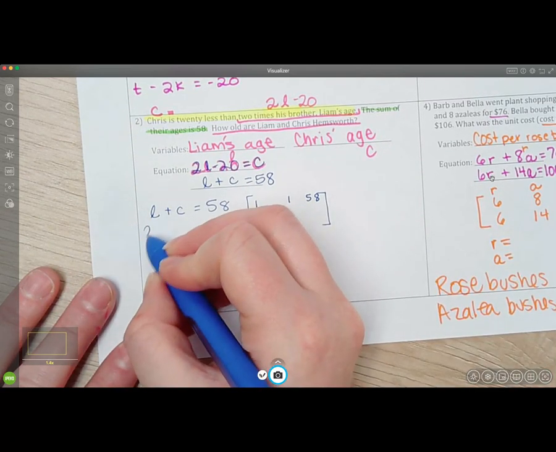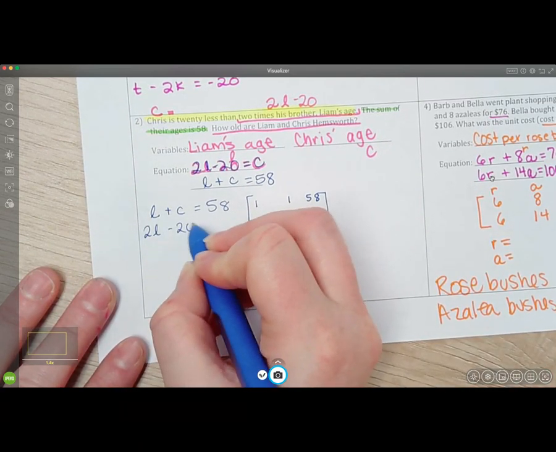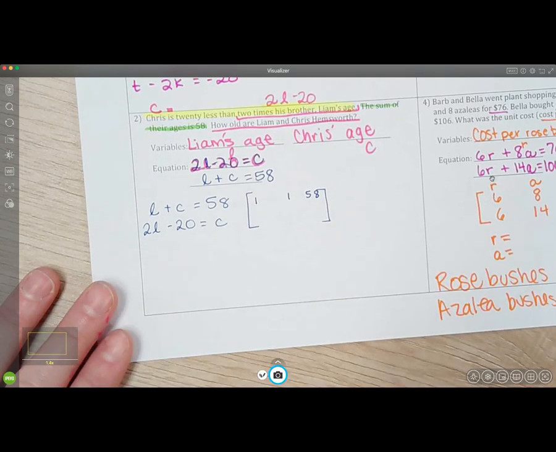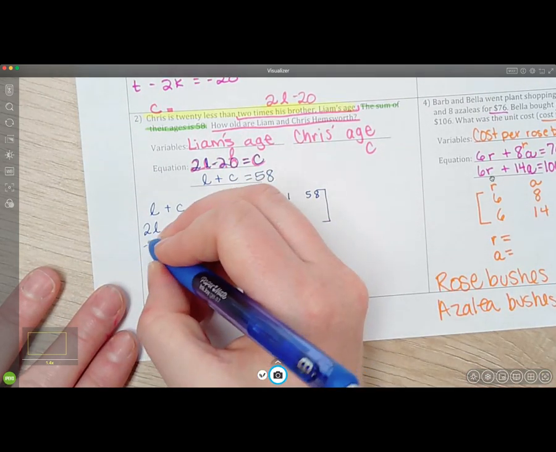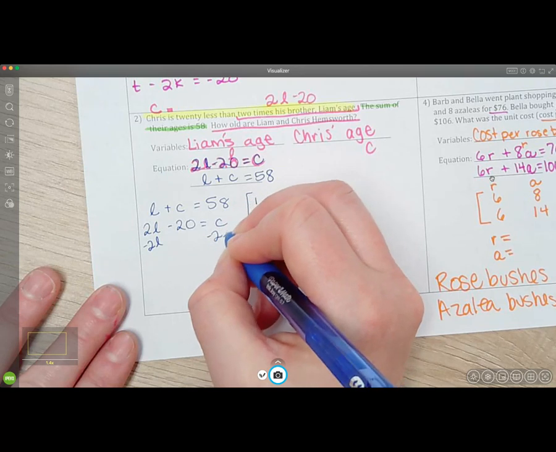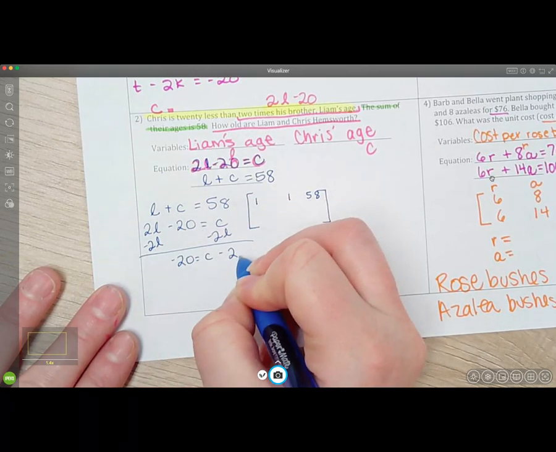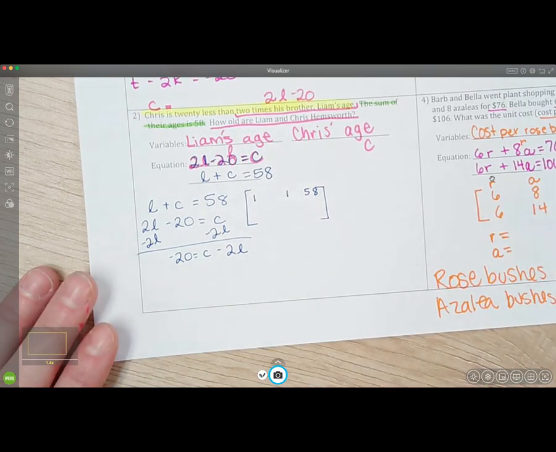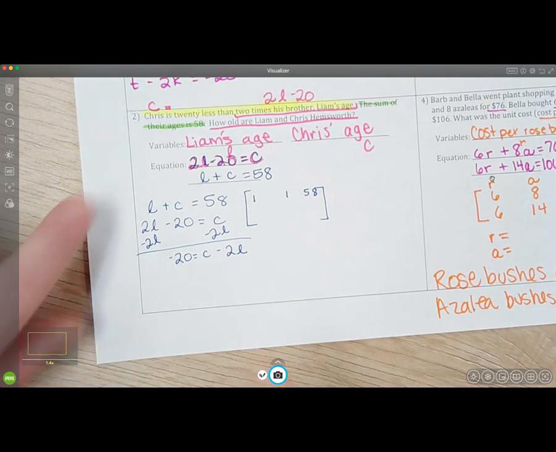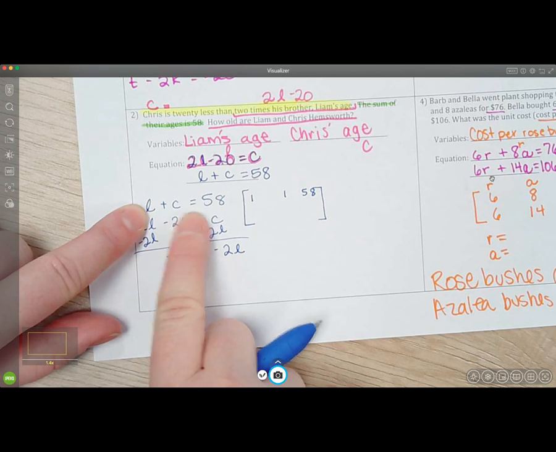And then we have 2L minus 20 equals C. Subtract 2L. Negative 20 equals C minus 2L. But we need it in L, C, and a number, because this one's written as L, C, and a number.